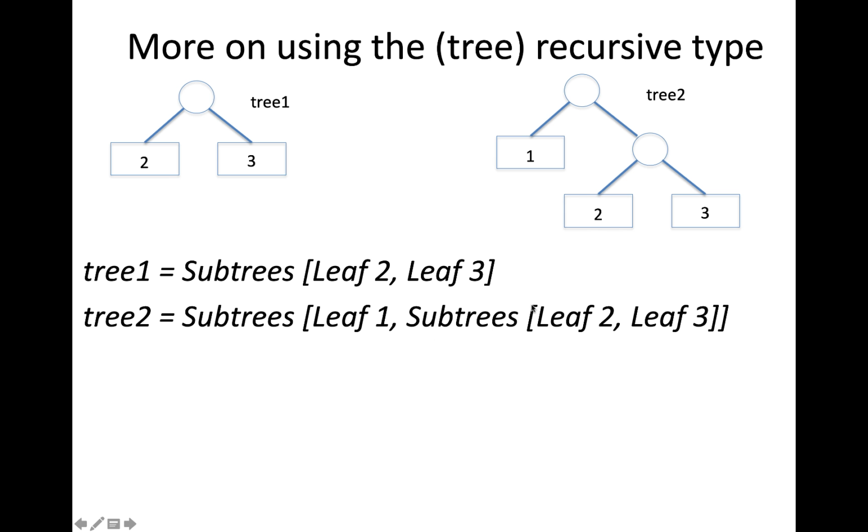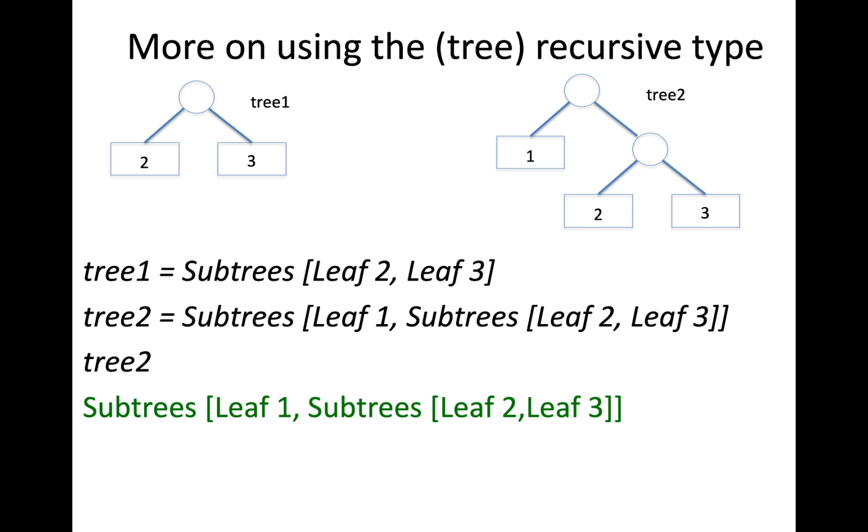So here this part will be similar to what we had before, right? So that means something like this, and you see that appearing here. Make sense? So that is how we can define tree2. And if you ask Haskell what is tree2, Haskell will print you this green stuff.